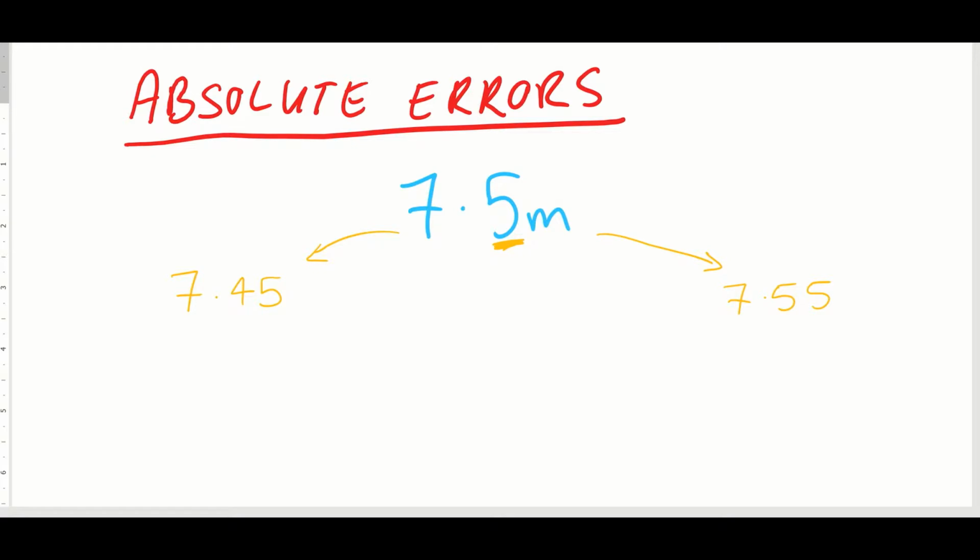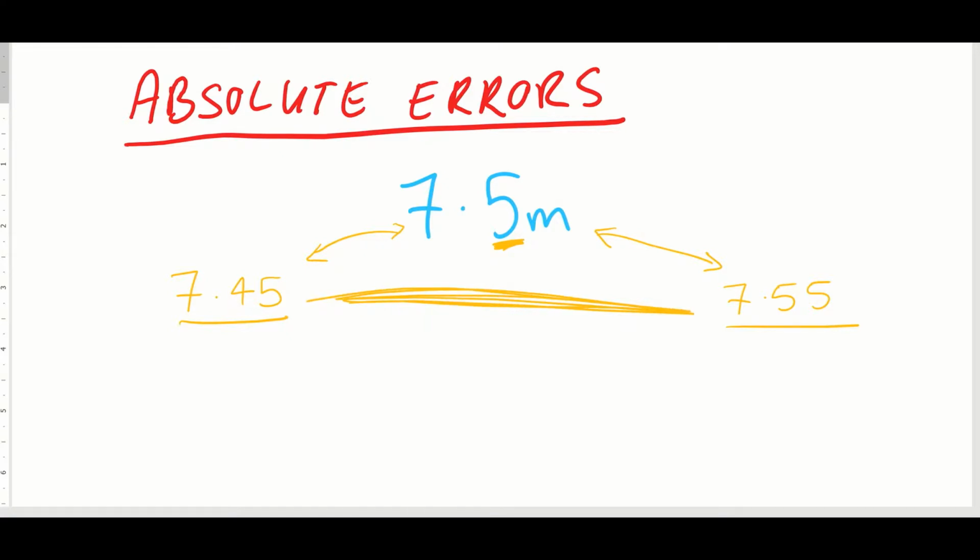You could go further down, but the idea is 7.5. We know that that lies in between these two, because if you rounded 7.45 to 1 dp, it would go up to 7.5. And if you rounded anything up to 7.55, not including it, it would also round back to 7.5. So what we call the difference in between here, this is an error in the measurement.